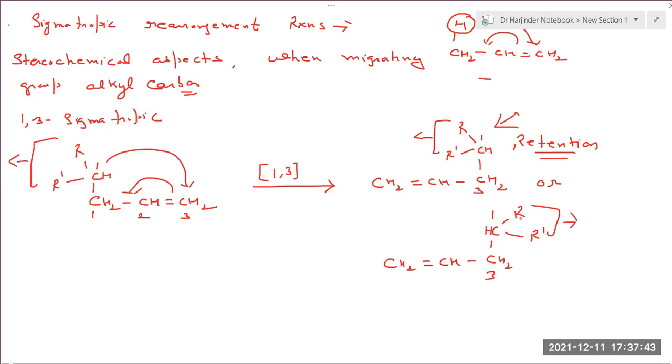These groups are present on the right side. So retention or inversion? Inversion. So there are two possibilities. In the case of hydrogen, there is no such possibility because hydrogen is a single atom. But when an alkyl group is attached, there can be retention in configuration or inversion in configuration. So we have to find out under which condition retention takes place and under which condition inversion takes place.